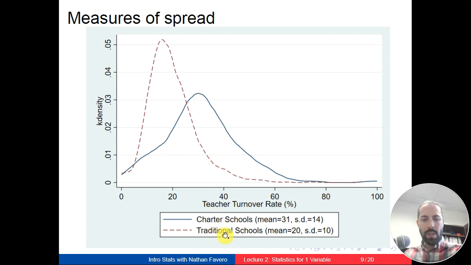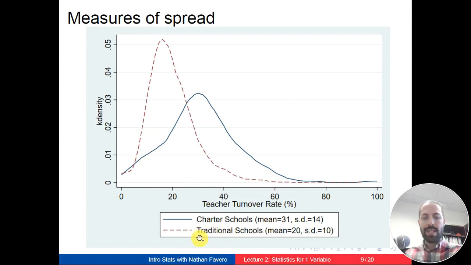When it comes to the traditional school districts, yes, there's still some differences, right? Some districts with up to almost 40% turnover rates, that's quite high. There's also districts with really low turnover rates. But overall, this is not as big of a range that we see the school districts typically falling in for the traditional schools as the range of typical values that we're seeing for the charter schools.